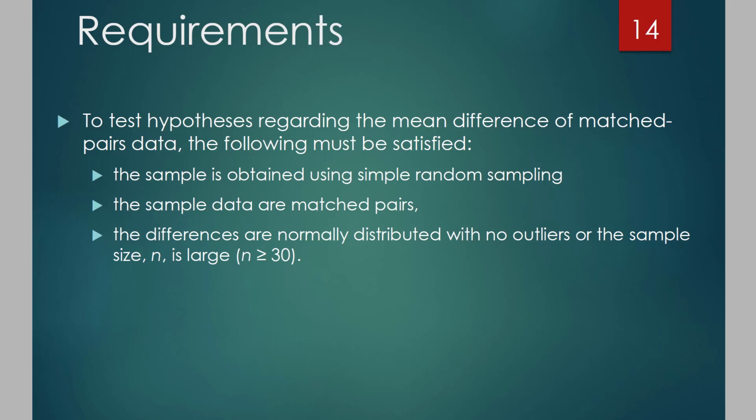So the differences have to be normally distributed, or normal enough, let's say, if the sample size is small, which is less than 30. But if the sample size is big enough, 30 or more, then we're good to go, and we really don't have to worry about checking that. Anyway, here's our example.